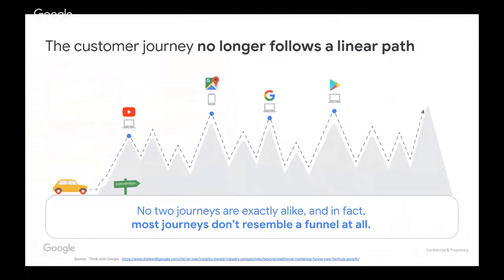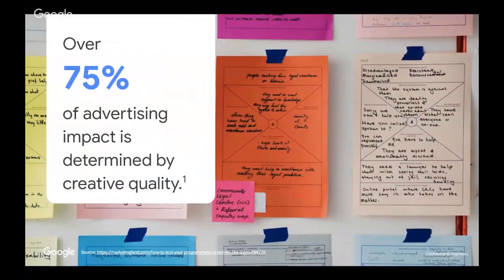But obviously, to do this manually would be really, really challenging and complex. So thankfully, due to advancements in machine learning, both in creatives and biddings, we're now able to understand and act on consumer intent in real time. So why is creative so important to users, and why smart creatives? The reason for this is because over 75% of all advertising is actually determined by creative quality.